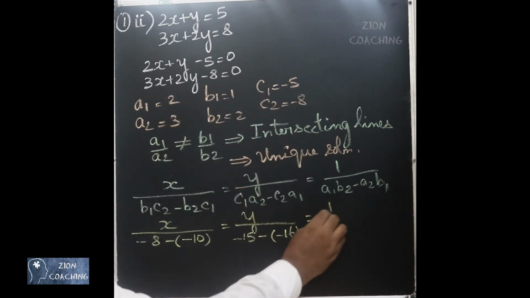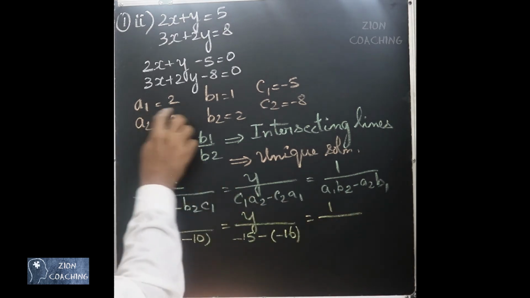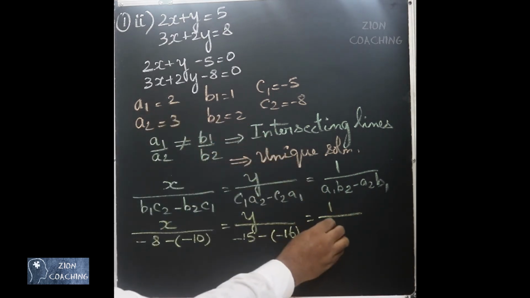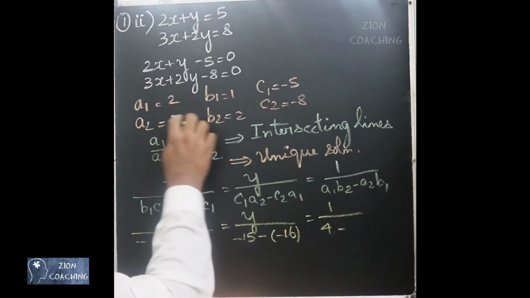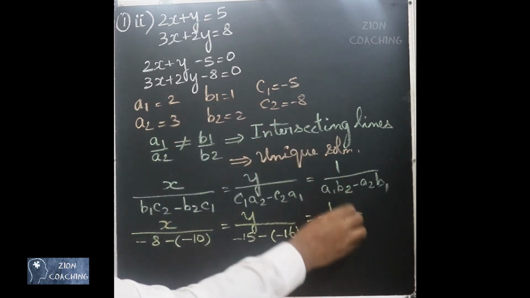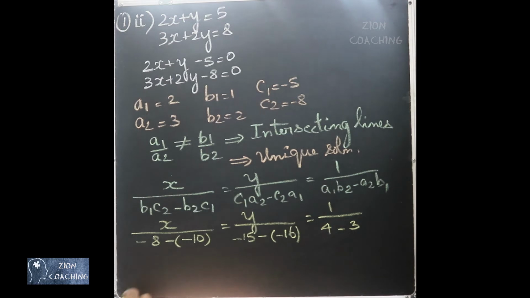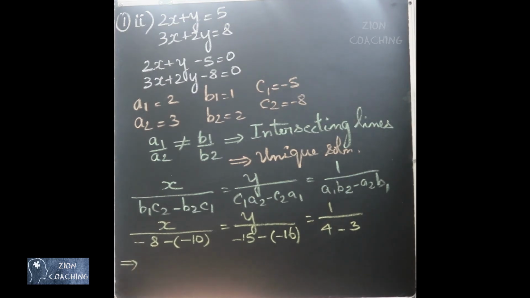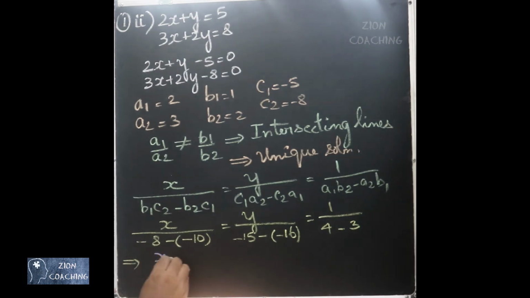That is equal to 1 by a1 into b2, 2 into 2 is 4, minus a2 into b1, 3 into 1 is 3.